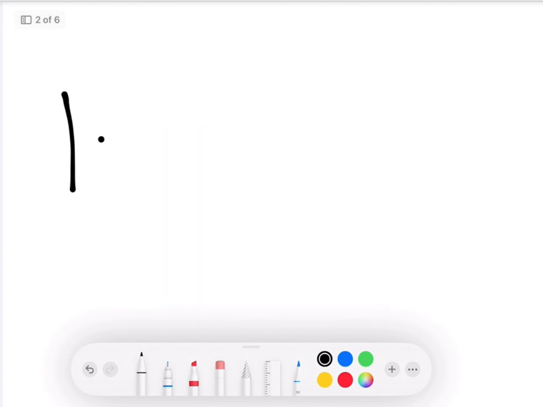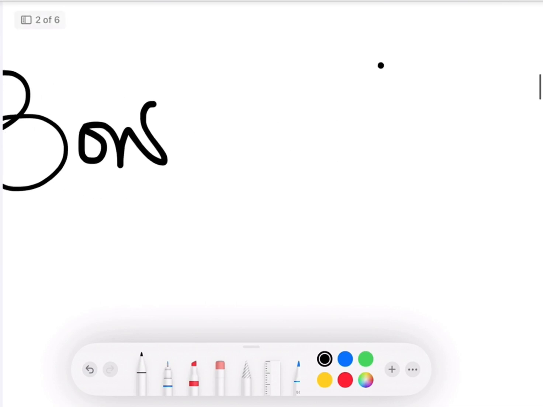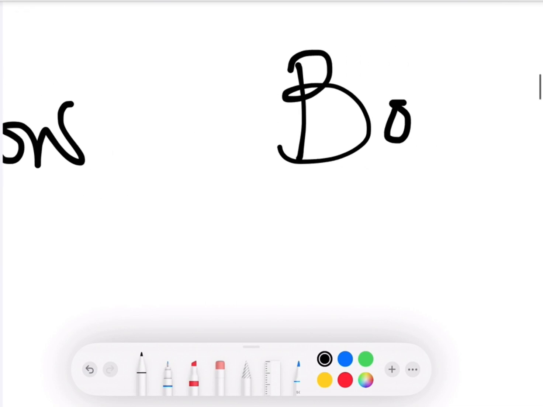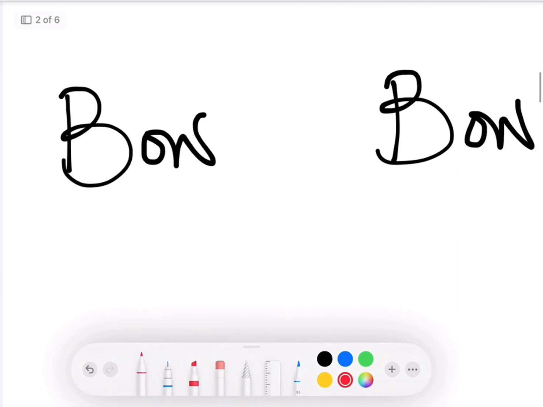Number one, bow. Let me write it again, since we're having the same spelling. Bow and bow, same spelling. The first bow is a curved object that is used to shoot arrows. Bow and arrow.